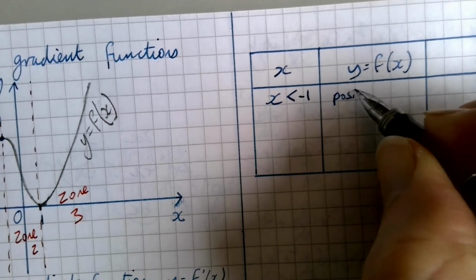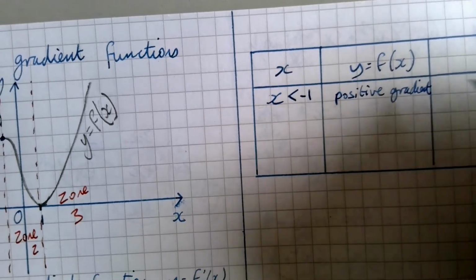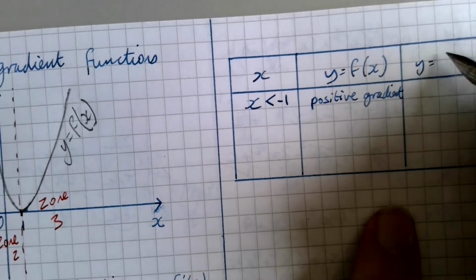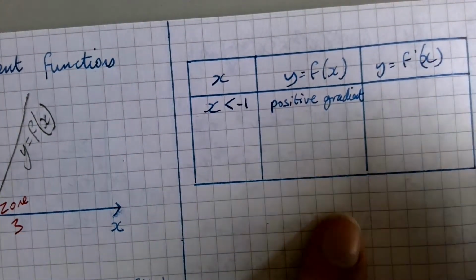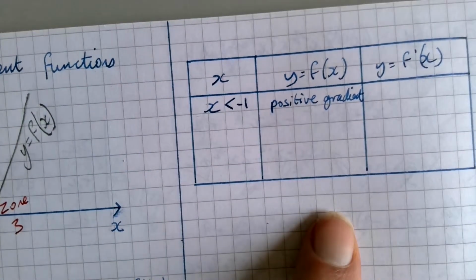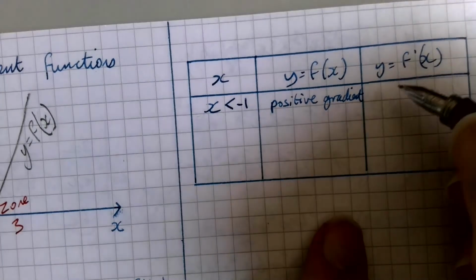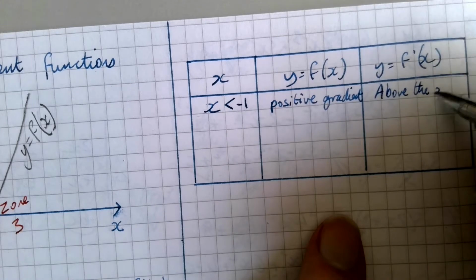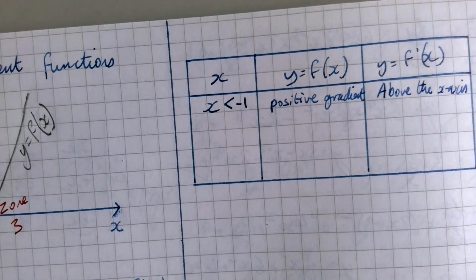So that's all I'm thinking about, positive gradient. And that's what we want to be reflected here. Now if you've got a positive gradient, that means that it's going to be above the x-axis anytime, because our gradient is positive.